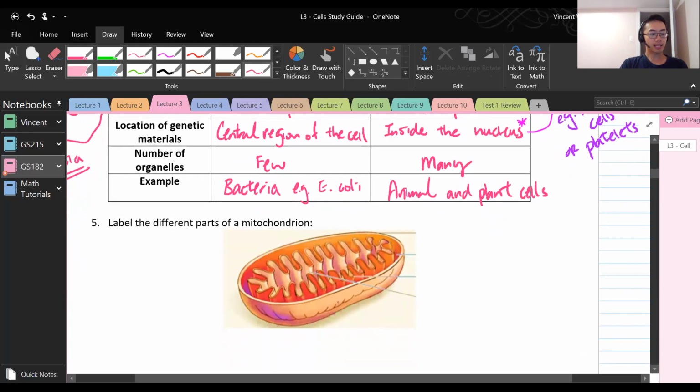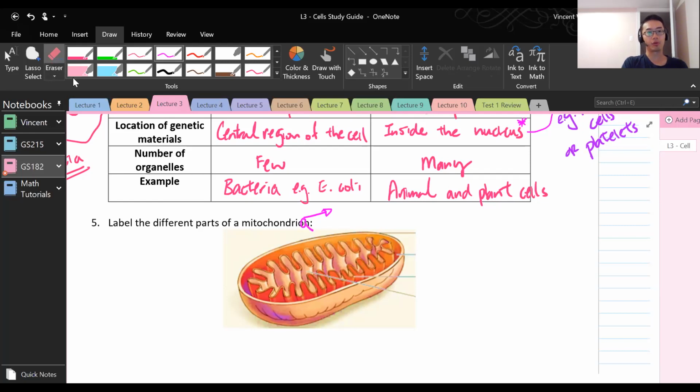Okay. Next, we have labeled the different parts of the mitochondria. We'll talk more about this later, but mitochondria, that's the plural, and mitochondrion is the singular. So what is the function of the mitochondria?